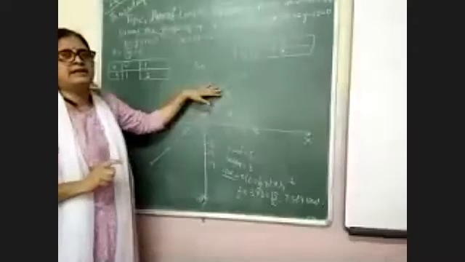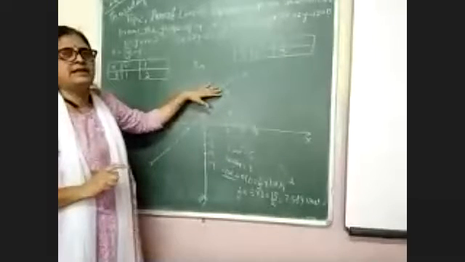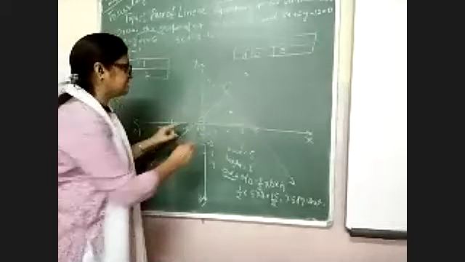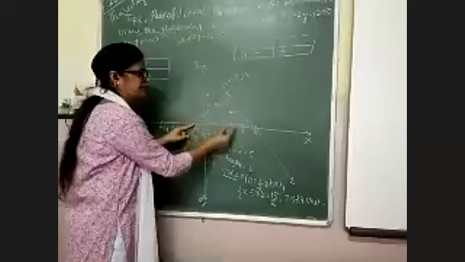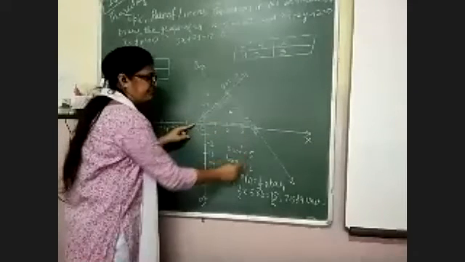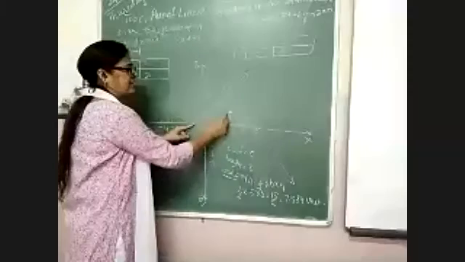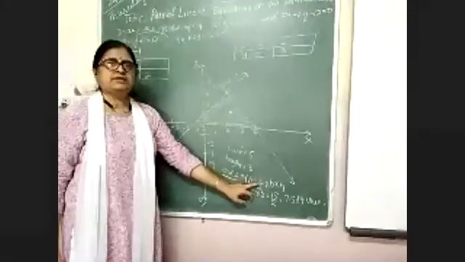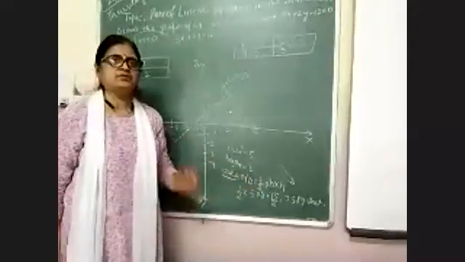And if you have to find the area of the triangle along with the x-axis, then this is your base, 1, 2, 3, 4, 5. 5 is your base and height is 1, 2 and 3. So area of triangle equal to half into base into height.